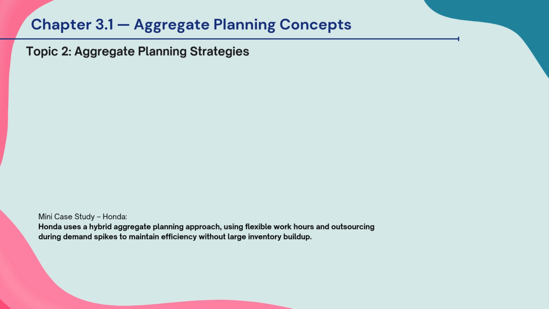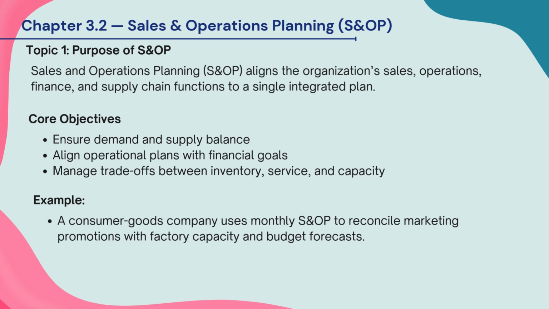The Honda example shows how companies use a hybrid approach using flexible work hours and outsourcing to meet demand spikes without building excess inventory. This slide explains the purpose of sales and operations planning, S&OP. S&OP integrates sales, operations, finance, and supply chain into one unified plan.